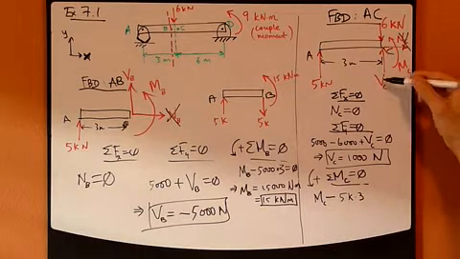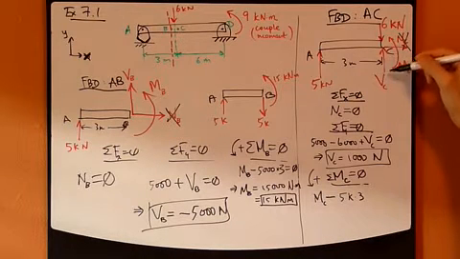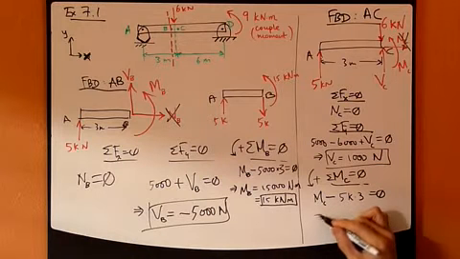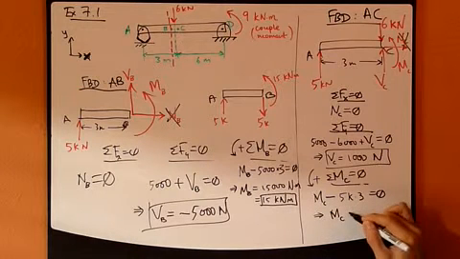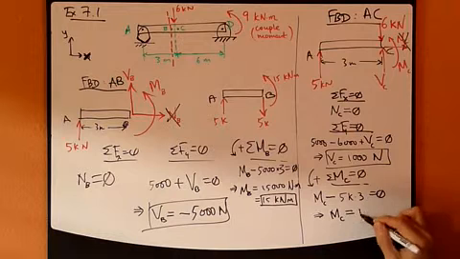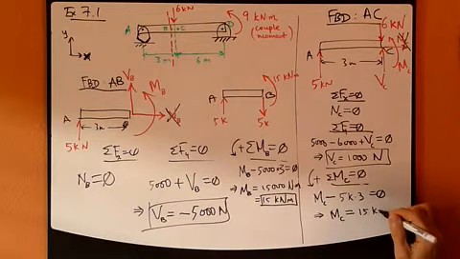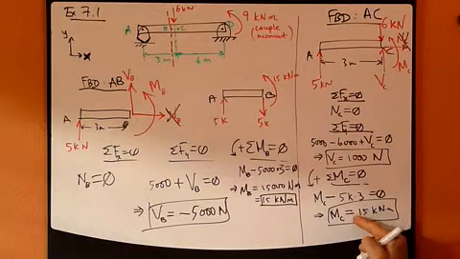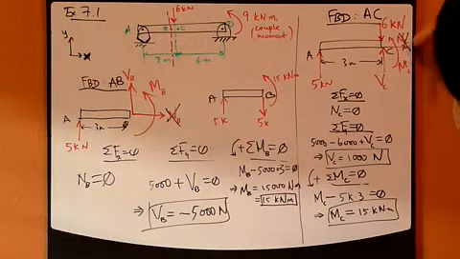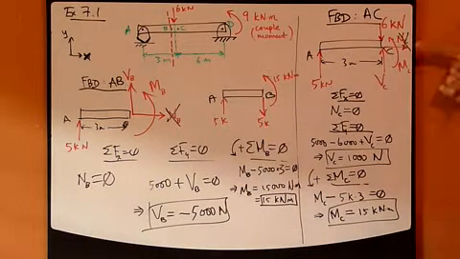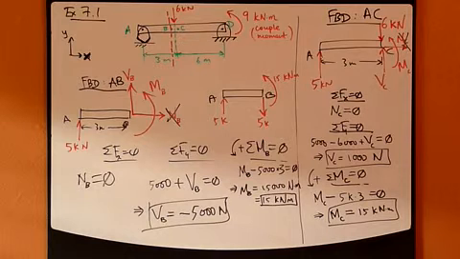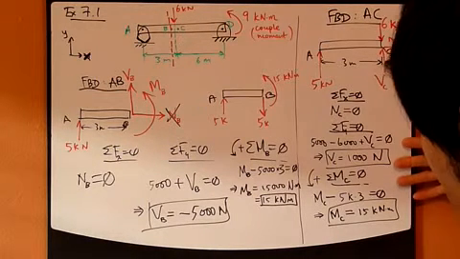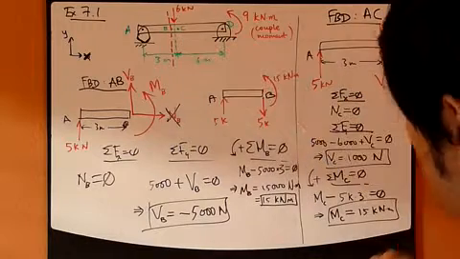And that's it. These other forces don't have moment about C because they pass through C. So 0. Therefore, this bending moment at C equals 15,000 newton meters, positive. Positive means this direction of counterclockwise is correct also. Okay, that's it. So now I've calculated the internal forces at point C.